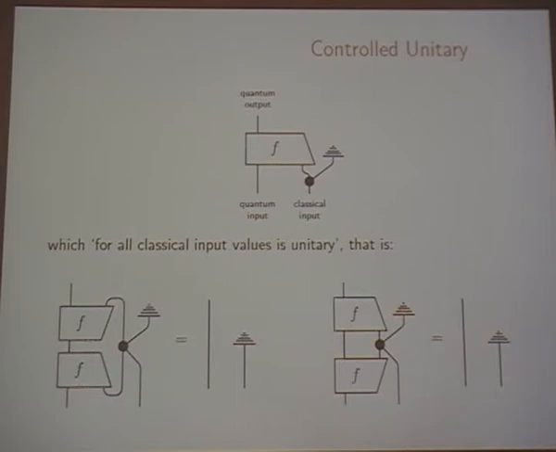So first, for any classical input I, if we apply F with this input I, followed by F dagger with the same classical input I, then we obtain the identity. And here it's the same but for F dagger. So it's the definition of an abstract classically controlled unitary.